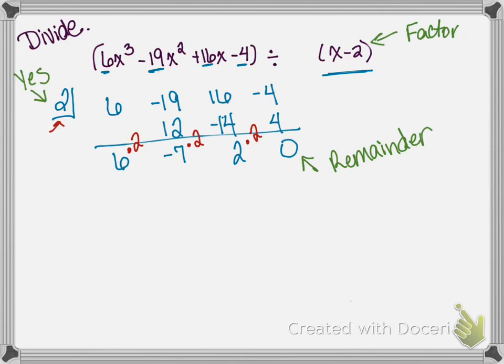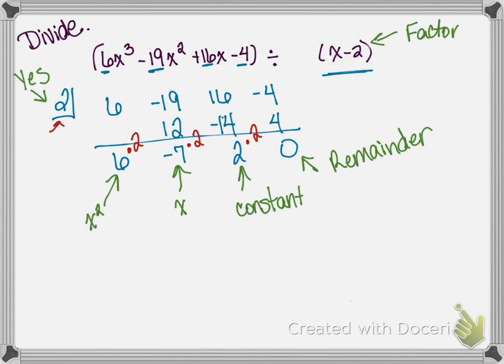This is my constant. That means it's not going to have an x or an x squared with it. This is my coefficient for x. This is my coefficient for x squared.